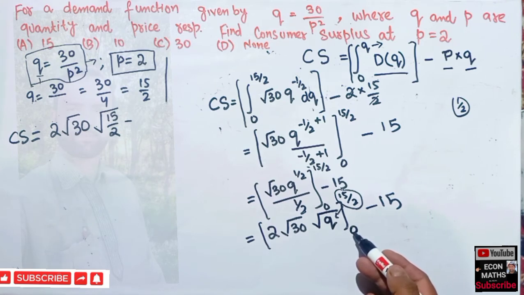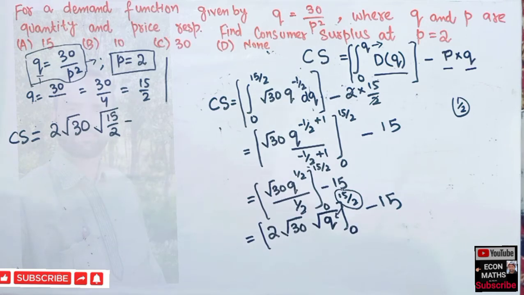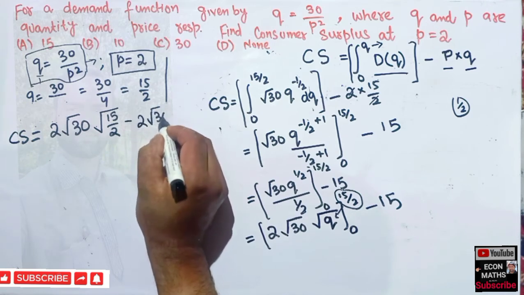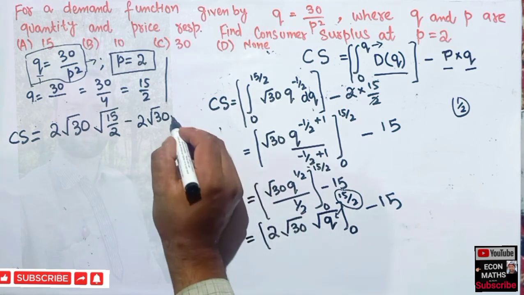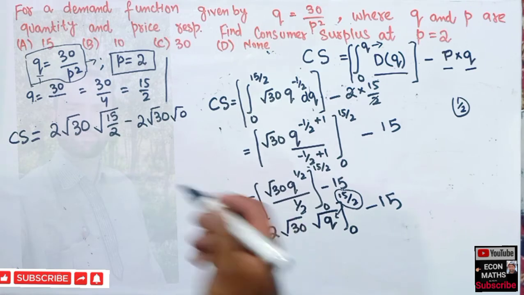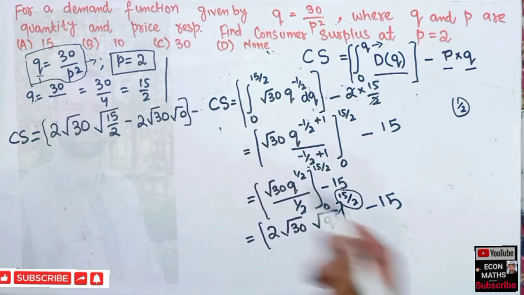Okay, so I want to make it more clear to you, minus it would be 2 under root 30. The value of lower limit is 0, so here we have under root 0. Okay, minus total expenditure. Okay, this is minus 15, which is this.